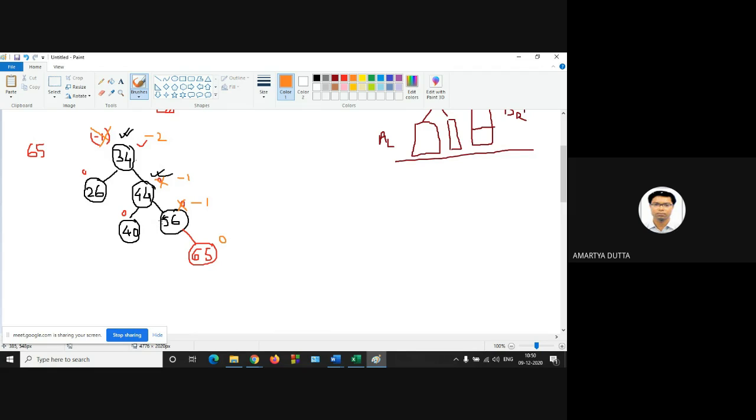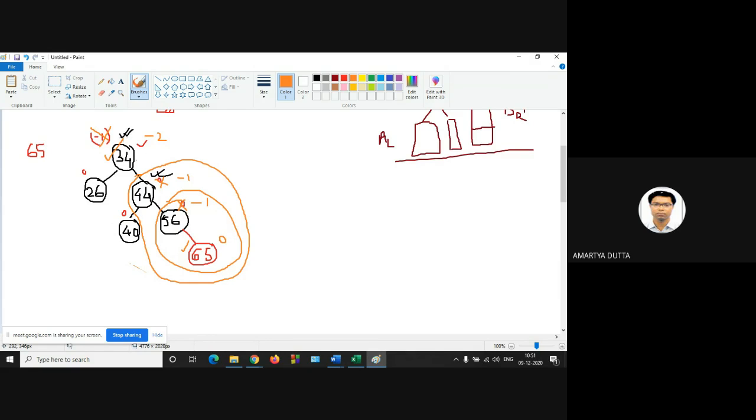So your 65 is inserted in the right subtree of the right subtree of 34.